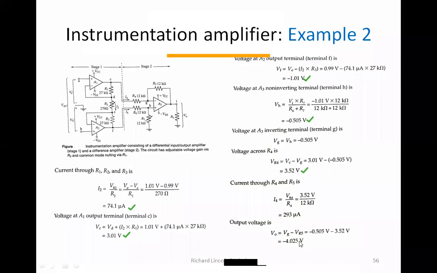So I should be getting about minus 4 volts. So in this way, we take it step by step. We calculate one value and then pass it on to the next stage. And once we know the resistor values, we can obviously find out the current values as well.